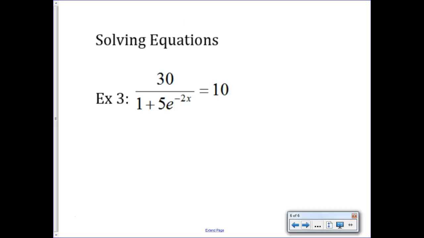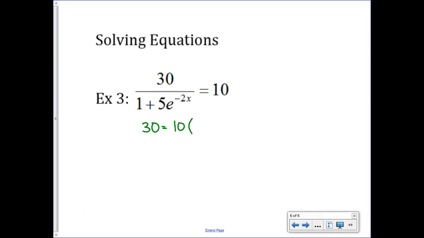So sometimes it will ask you to solve these. And you can choose a couple different ways to solve. You can think of it as 2 proportions, so put 10 over 1 and cross multiply. I tend to just multiply this denominator over, so I get 30 equals 10 times 1 plus 5e to the negative 2x.